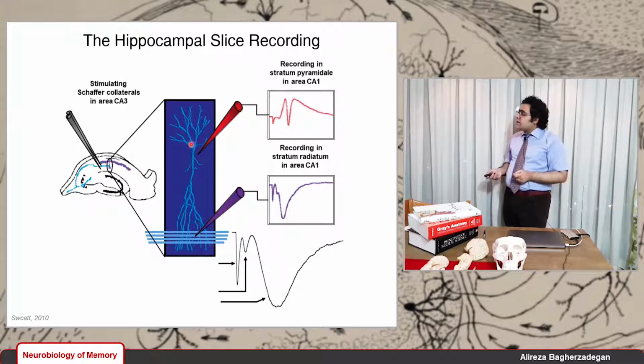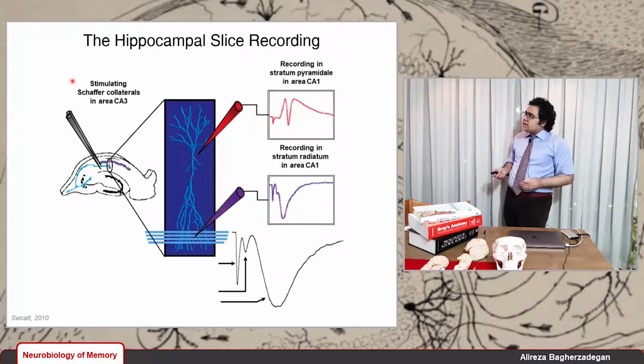This layer is called stratum pyramidale because the cell bodies, or the somata, of those pyramidal cells are located here. And then we have stratum radiatum, the region where the dendrites of those pyramidal cells are located.